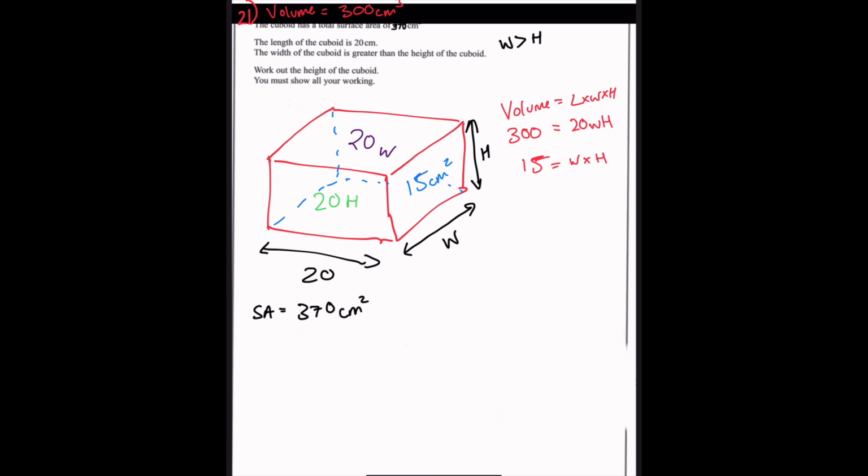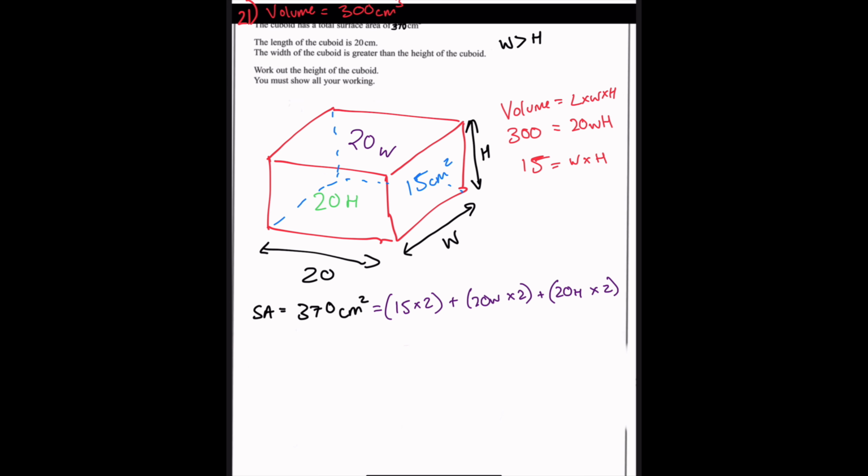Okay, so let's write that out. Surface area 370 equals 15 twice, one face on each side, plus 20 times the width times 2, and 20 times the height times 2, because we have 2 of each of those faces.